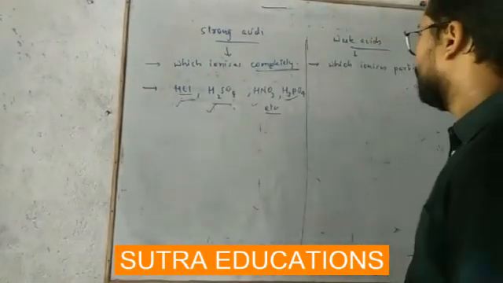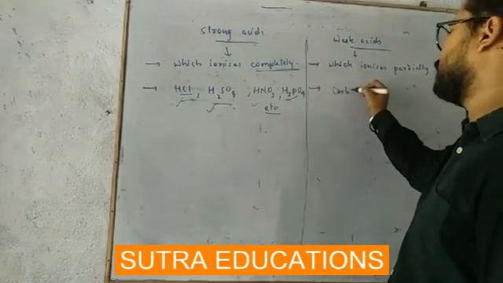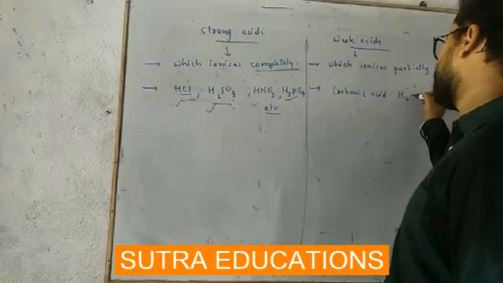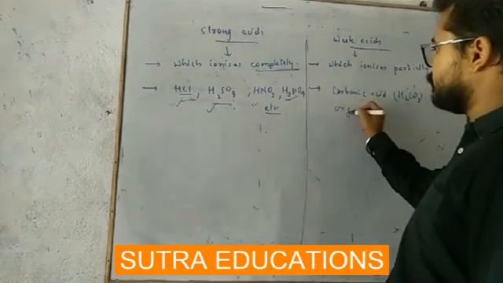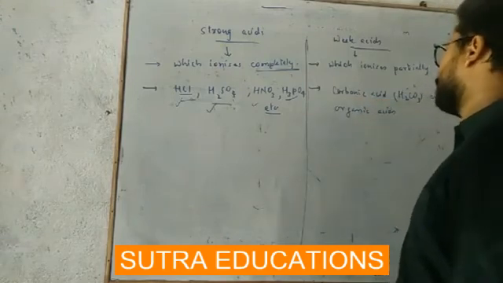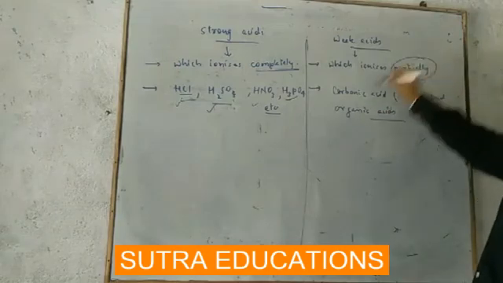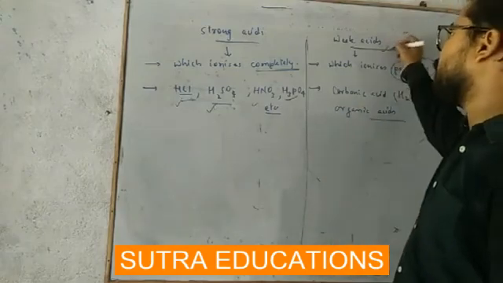And weak acids are carbonic acid, H2CO3, and organic acids. Why? Because these ionize but only partially. 100% ionization is not occurring in the case of weak acids.